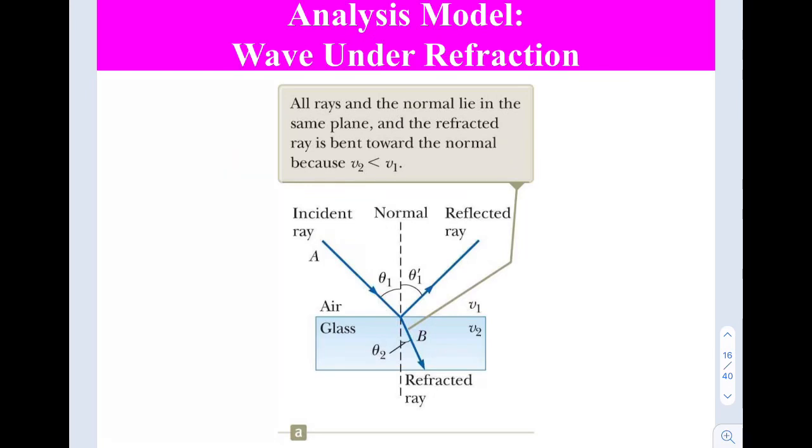All rays and the normal lie in the same plane. This is the condition, and the refracted ray is towards the normal because V2 is less than V1, slower, because the refractive index of glass is higher compared to air.